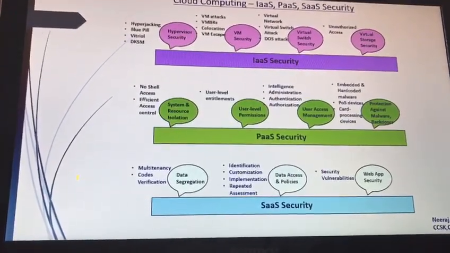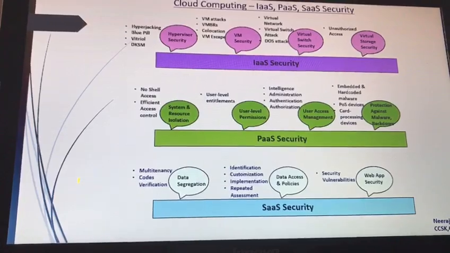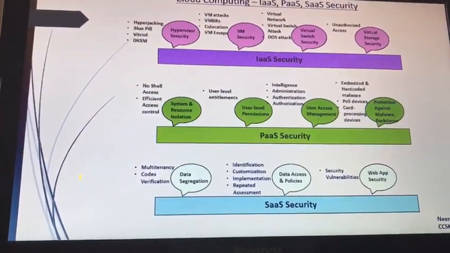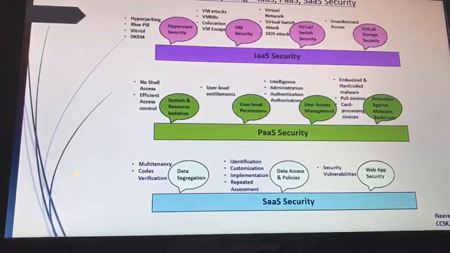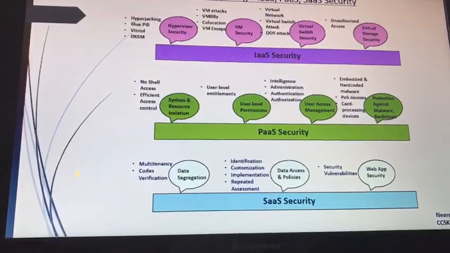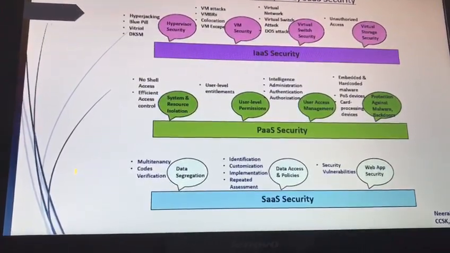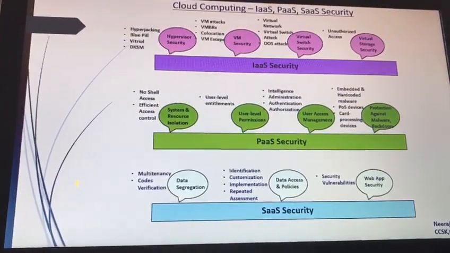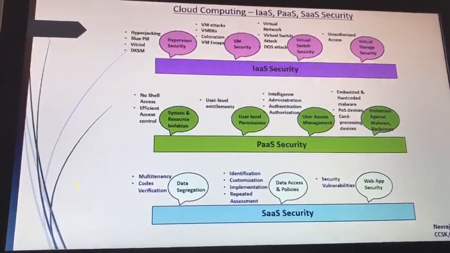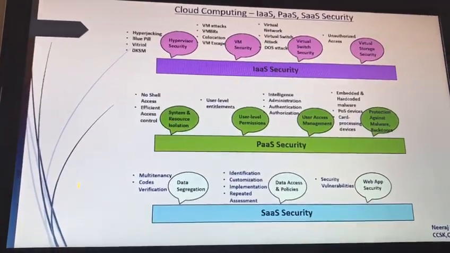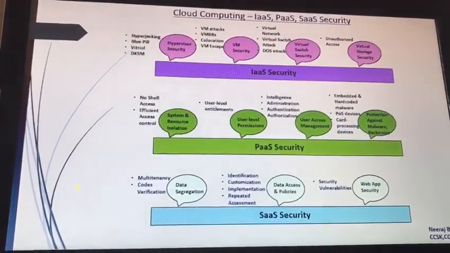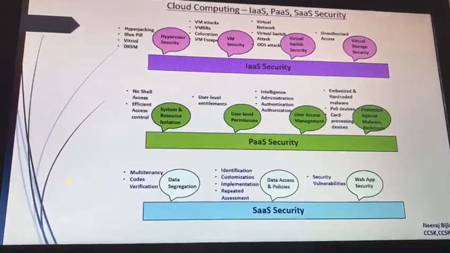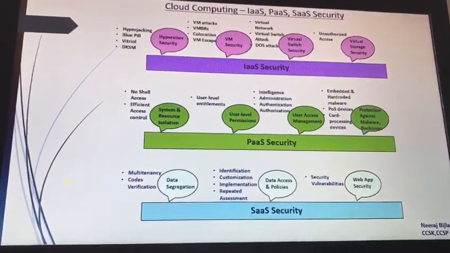All these four major components of underlying infrastructure that CSPs, IaaS providers like Amazon and Azure, are providing to their customers. So we need to make sure that hypervisor, VMs, switch, network, storage, everything is secure from these major attacks. So let's start with the hypervisor security attacks.